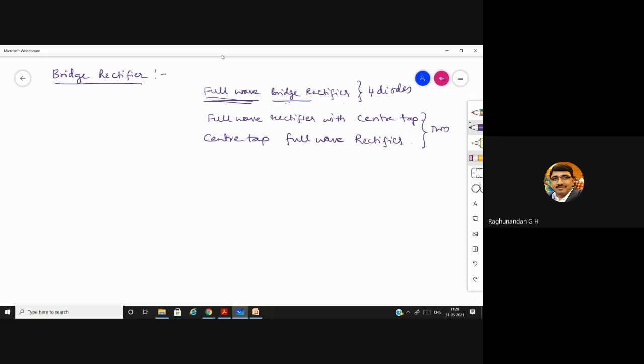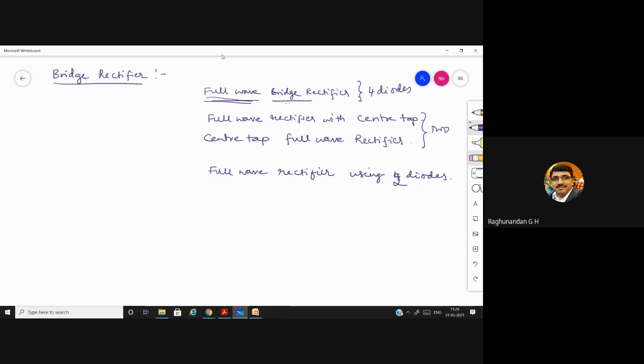And sometimes they'll ask you like this: full wave rectifier using four diodes. If they ask like this, that means they're asking for the bridge rectifier. If they ask for two, that means they're asking for the center tap full wave rectifier.